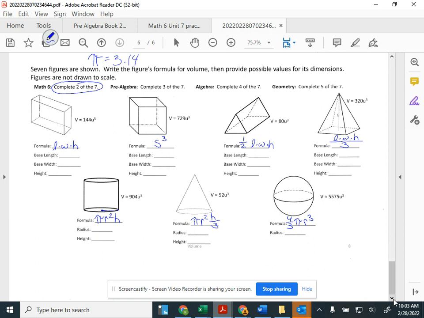So some of us are going to look at this and say, oh, easy. I have length, width, and height. I can take my 144 and divide it by 3 because there's 3 sides. So if we take 144 and divide it by 3, what do we get? Oh, you got 48. If I do 48 times 48 times 48, it is too big of a number.